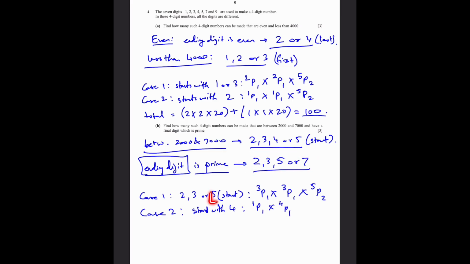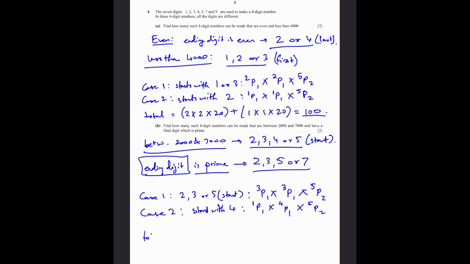So now our starting digit is 4, and the ending digit is one of these. Let's just take an example that 7 is the ending digit. 4 and 7 are gone, but we still have 5 digits left. And we have to choose 2. So once again, we have 5P2. Of course, we're using permutations for the same reason as last time. The digits' order matters because changing the order changes the number.